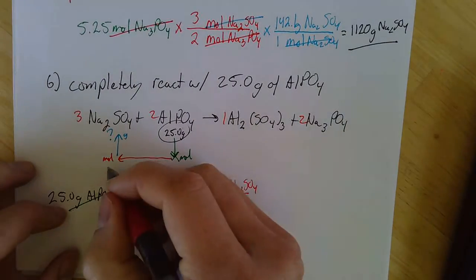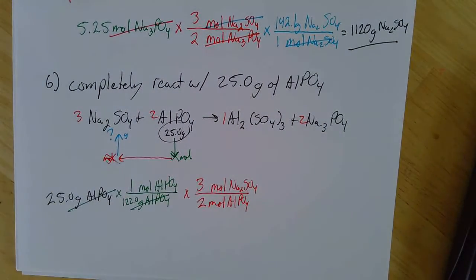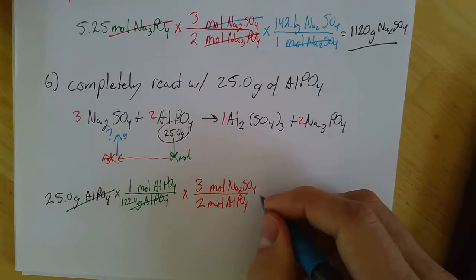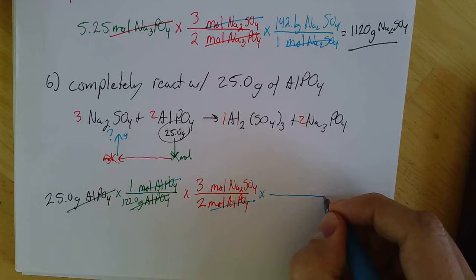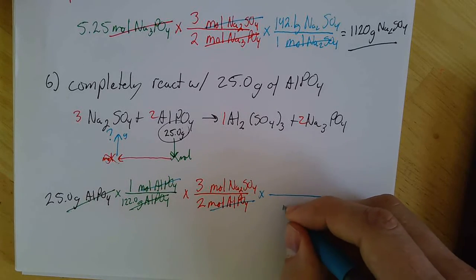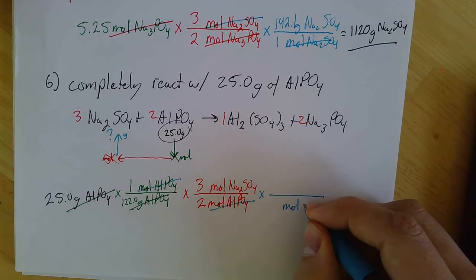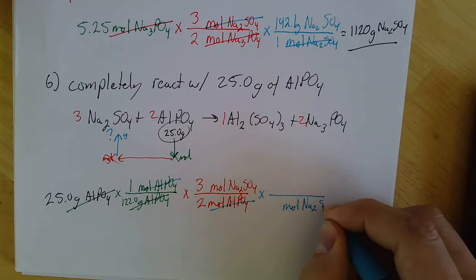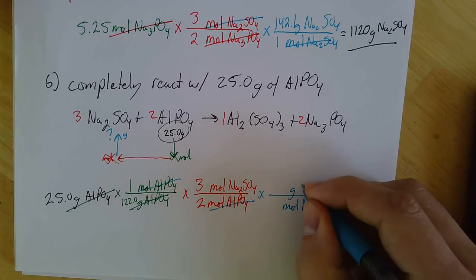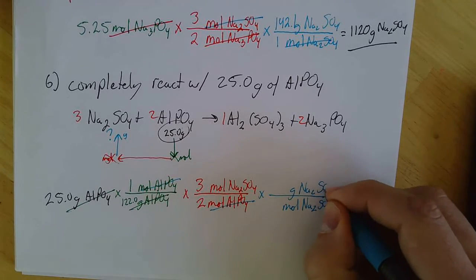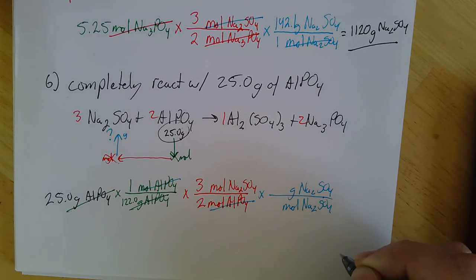Great. Now I'm right here. Now I got to take my last step in this problem. PO4 is gone. Take my last step, and that is putting moles of Na2SO4 there and putting grams of Na2SO4 on top, right?